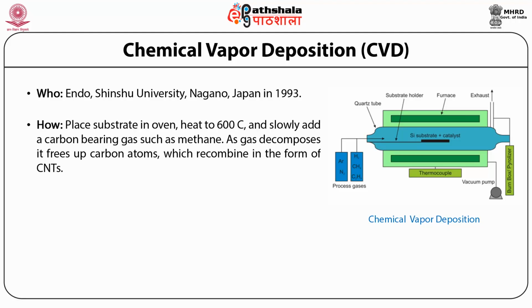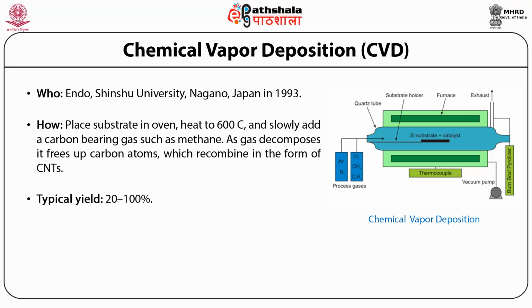Some catalytic material is also placed so that growth can be started. Nucleation can take place. The typical yield is around 30 to 100%.